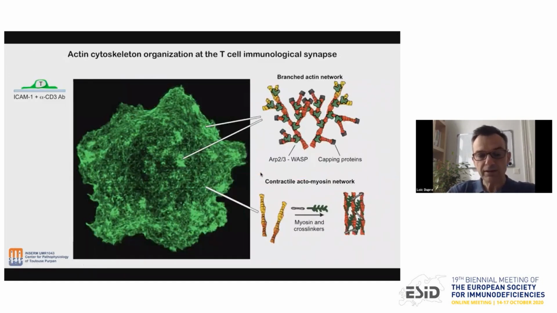So when we zoom in here using structured illumination microscopy of a synapse between a T cell and a flat surface coated with ICAM1 and anti-CD3, we can clearly distinguish different areas of actin reticulation with very dense actin, areas made of branched actin networks, and areas of reduced reticulation made of longer filaments that are often cross-linked.